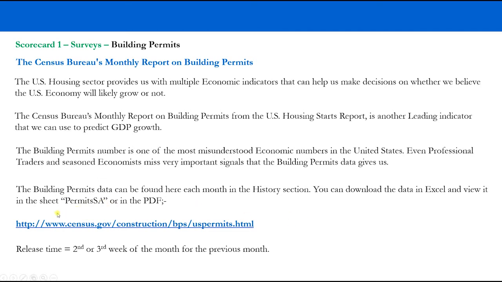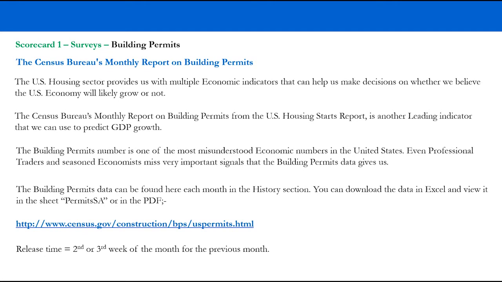And the link, if you follow this, you can get all the historical data from the original source at the Census Bureau. And the housing starts report, the data is released on the second or third week of each month. And the data is for the previous month. So we've got it all available in the downloads, but you can go to the original source and get it from the link and in the sources section as well.